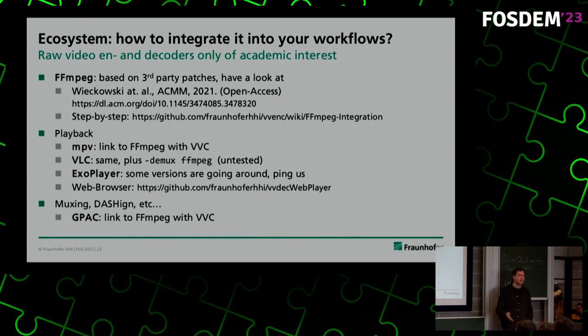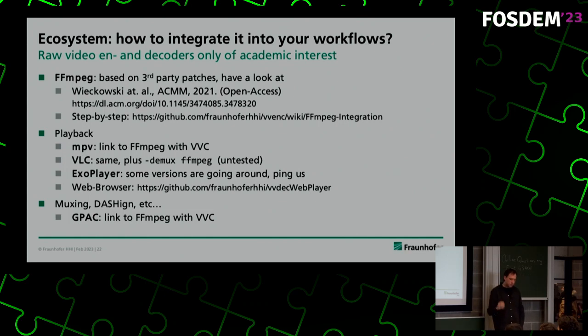All right, about playback. Once you get this FFmpeg with VVC included, you can just link whatever player uses FFmpeg as its backend, and it's going to work. As far as I know, for VLC, you might force it to use FFmpeg as the demuxer. Not sure about it, didn't test it myself. It comes from community feedback. I know there are some ExoPlayer integrations going around, which allow you to use it in Android apps more easily.